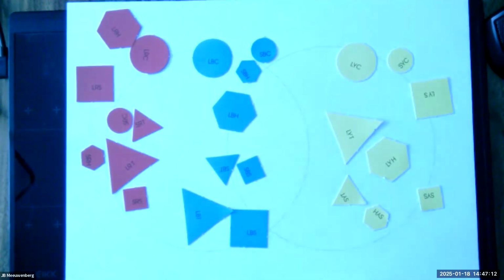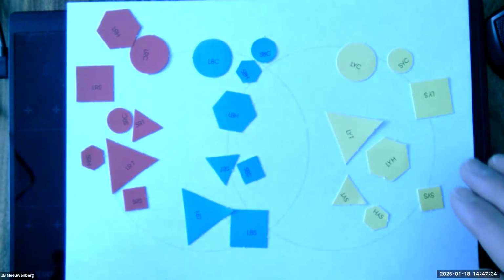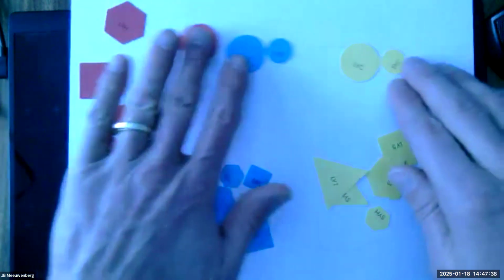So I've got all of my pieces punched out now and just arranged on a piece of paper. And I asked you to consider all the different ways in which they might be grouped, just to get yourself acquainted with these. One way, as you see, is you could arrange them by color. We have red pieces, blue pieces, yellow pieces. Perhaps when you started exploring this, you said, well, I've got different shapes also.